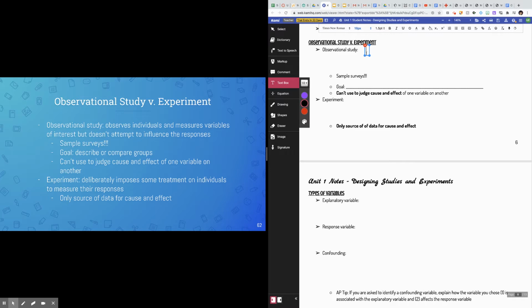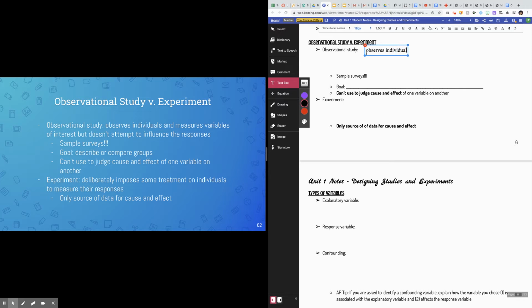That is not the case in an experiment. In an experiment, you as the statistician are deliberately trying to affect some change on your groups of subjects and to measure that response.